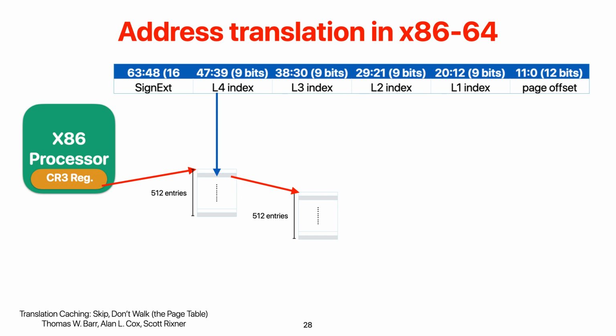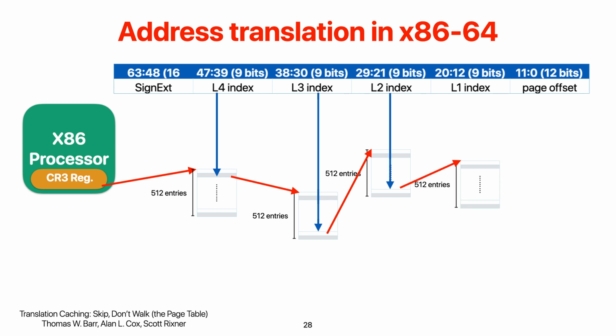Then we use the next-level index, the L3 index of your address, another 9 bits in your virtual address, to look up the location of the next-level node, and again use the L2 index to find the location of the next-level node, or the last-level L1 index.